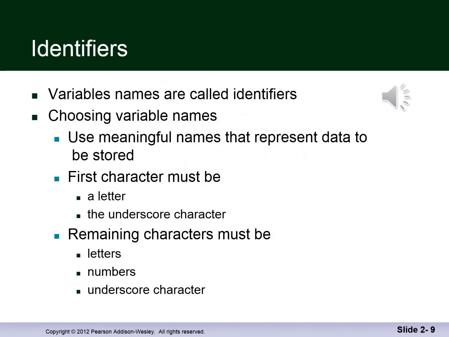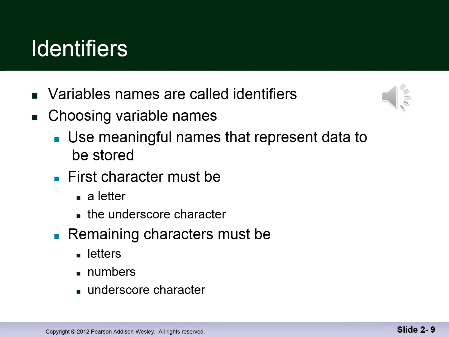Variable names are called identifiers. When you're choosing variable names, you, the programmer, have total control over the selection of variable names. There's not a list of acceptable variable names that you can choose.